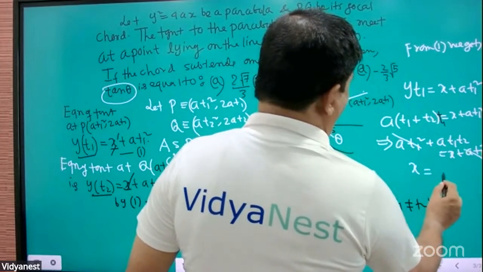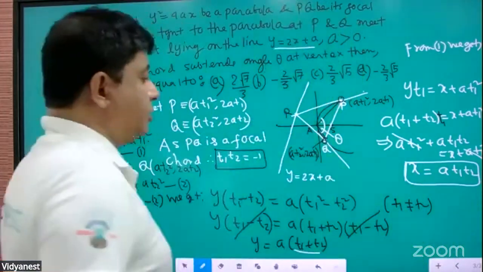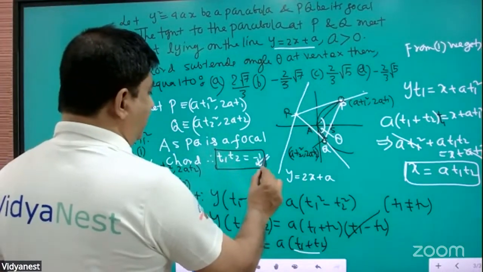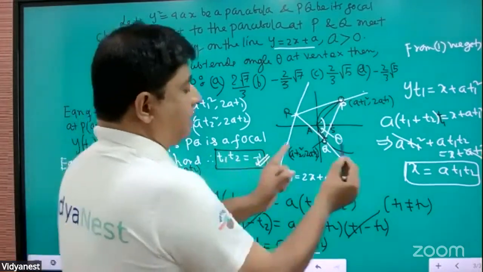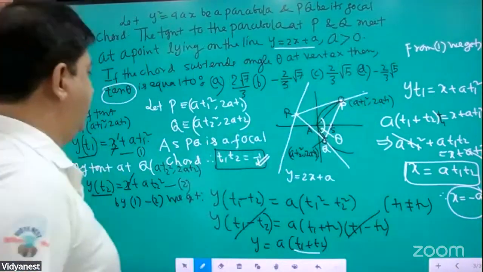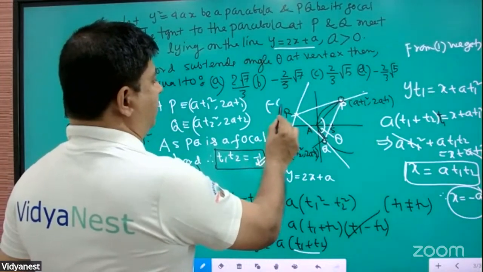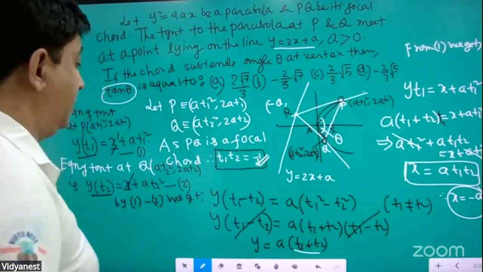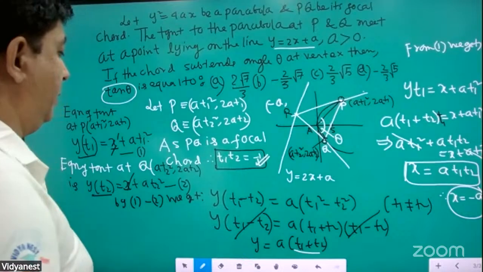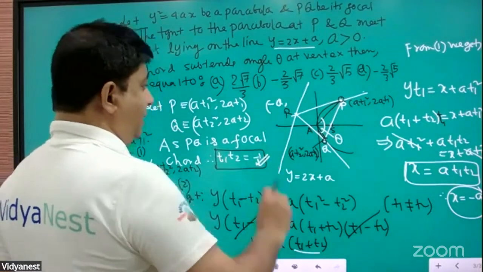The a t1 square cancels, x is a t1 t2. Once you get x as a t1 t2 and t1 t2's value is -1, x is equal to -a. So this point of intersection's x component we have got, and the y component we got in terms of a (t1 plus t2).